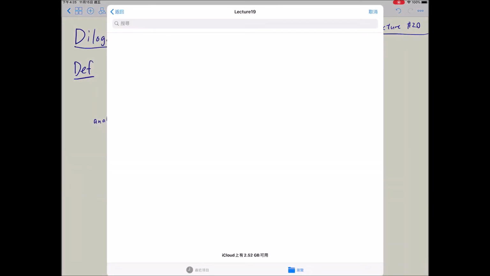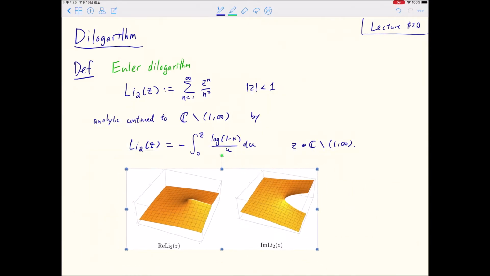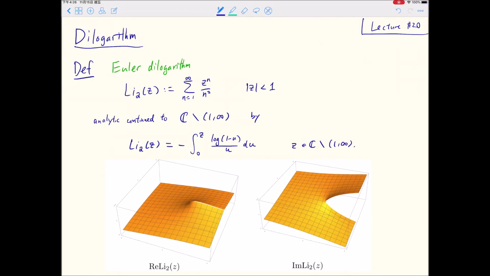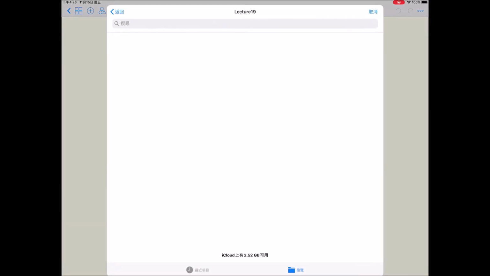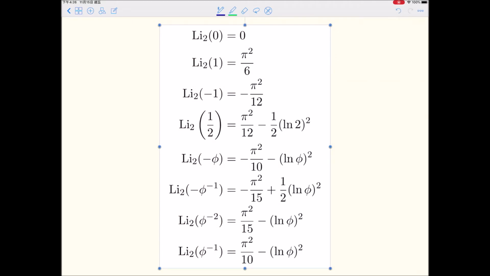So one can plot out the graph of this function, say using Mathematica. This will be the graph. So the real part, as you can see, is kind of continuous on the complex plane, while the imaginary part will have this cut. So this function is a very old function, so the values at some special points are well known, and they are related to the golden ratio.